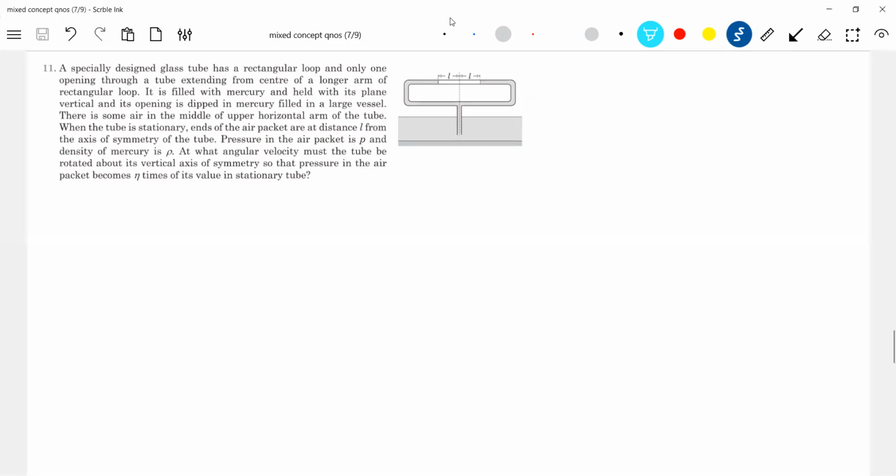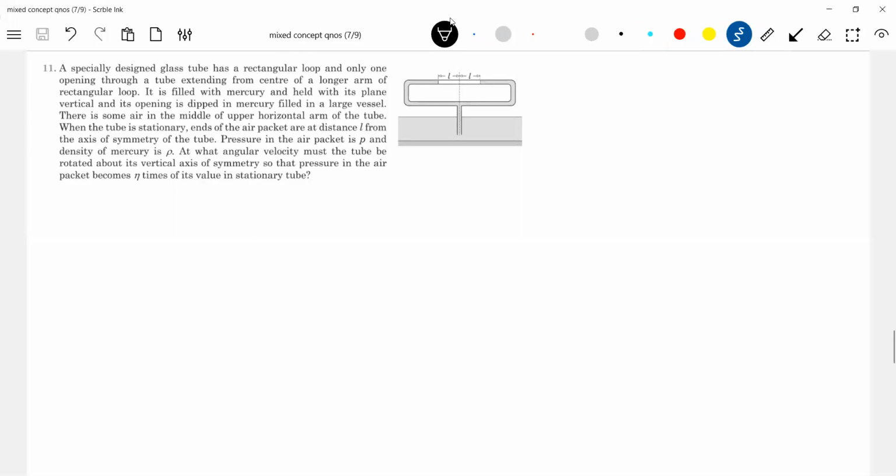Read the question. Draw the diagram. Without a diagram, it's not possible.